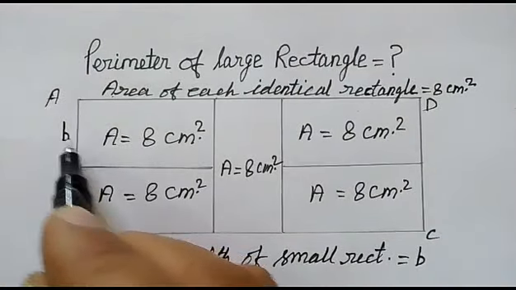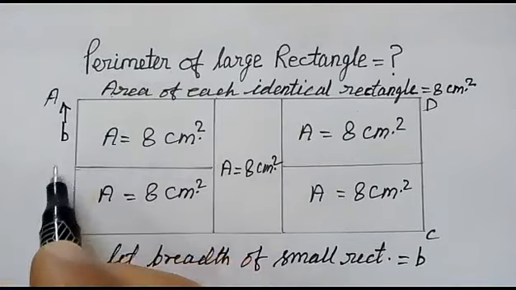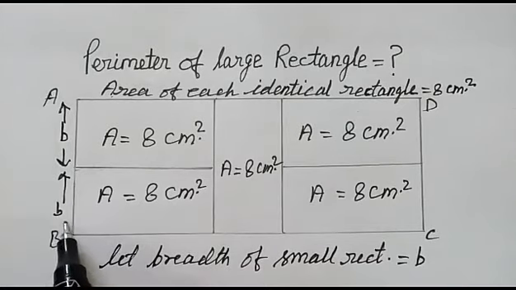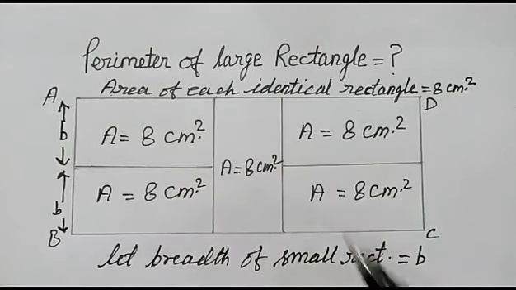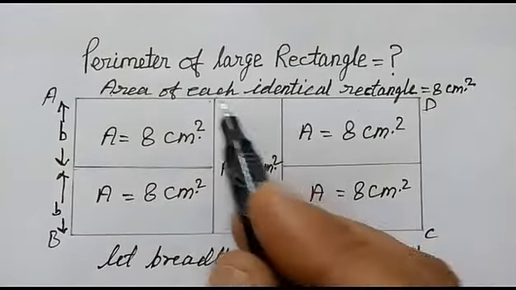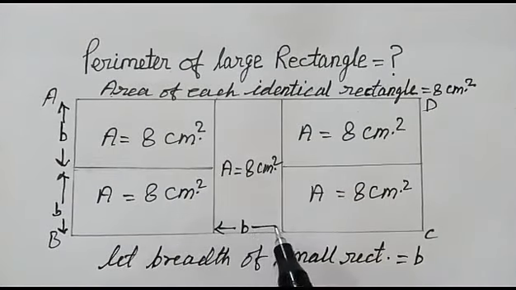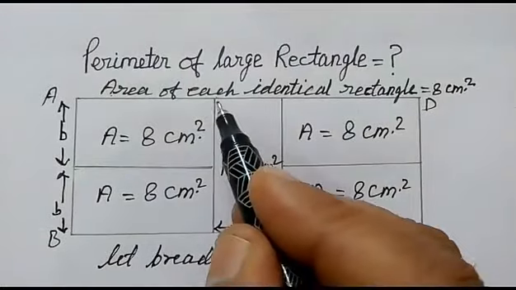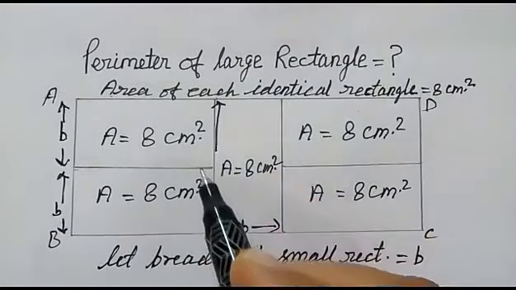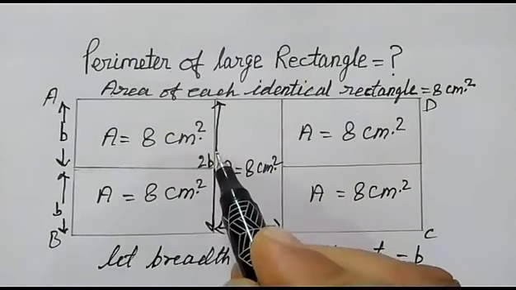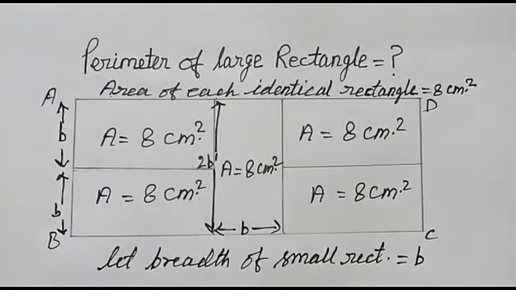So this breadth is B and this rectangle's breadth is also B, right? Here, the breadth of this is B, so this length will be 2B, right?